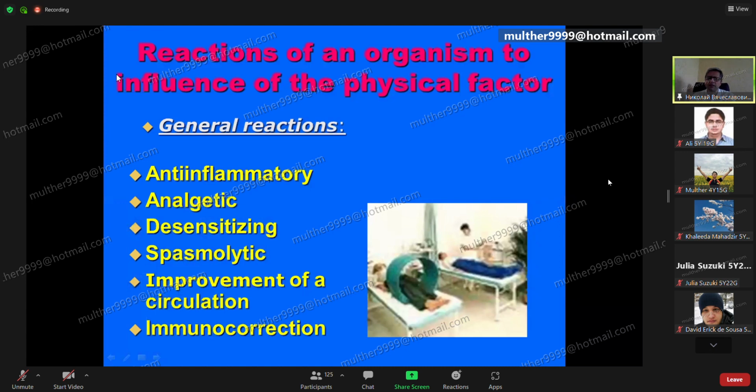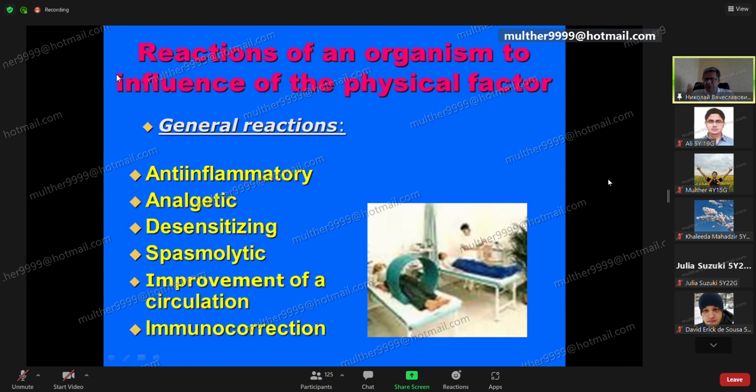Now let's discuss the main reactions of our organism under the influence of the different physical factors. We can divide all reactions into main parts.